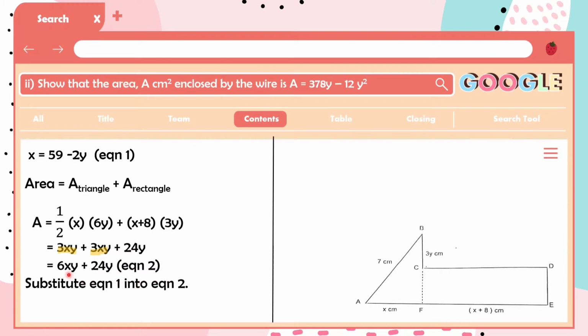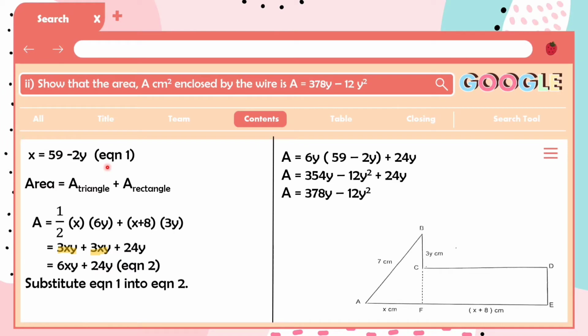In this equation, there is a variable x, so we can substitute equation 1 into equation 2 by replacing x with 59 minus 2y. Here we have replaced x with 59 minus 2y, and we get 354y minus 12y squared plus 24y.